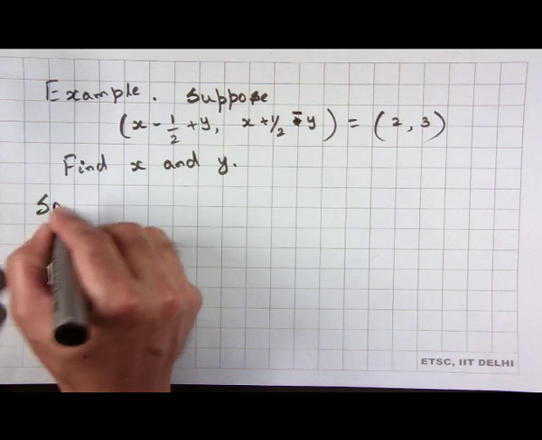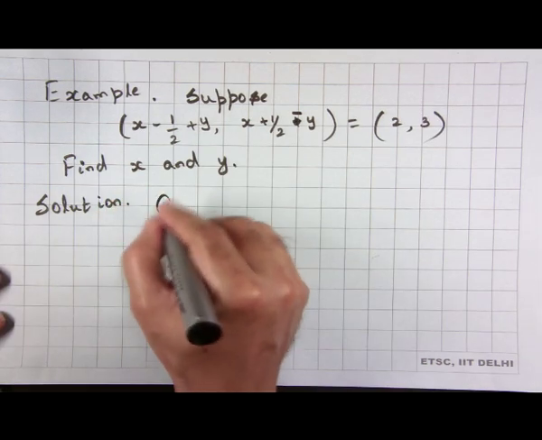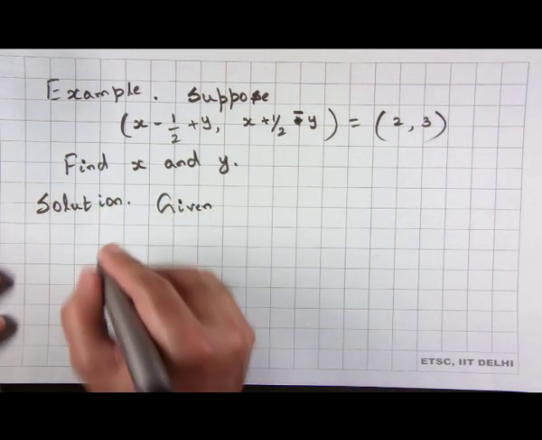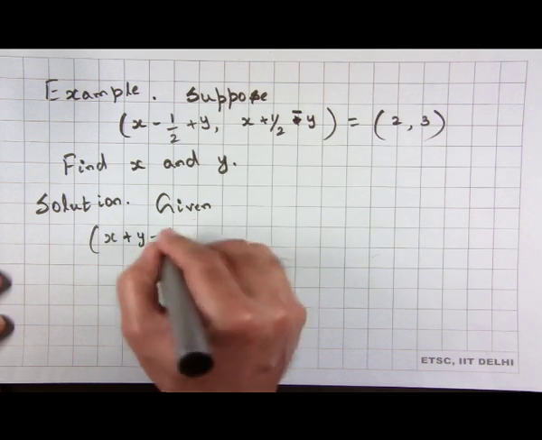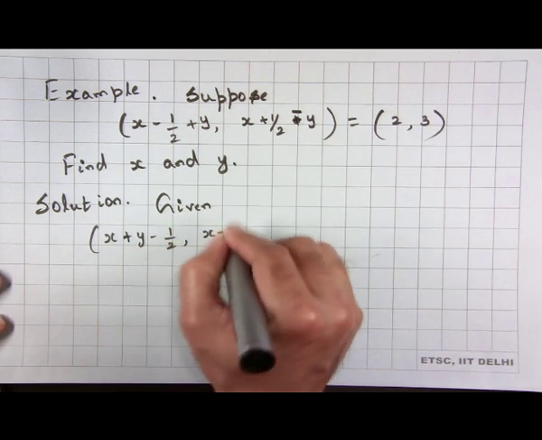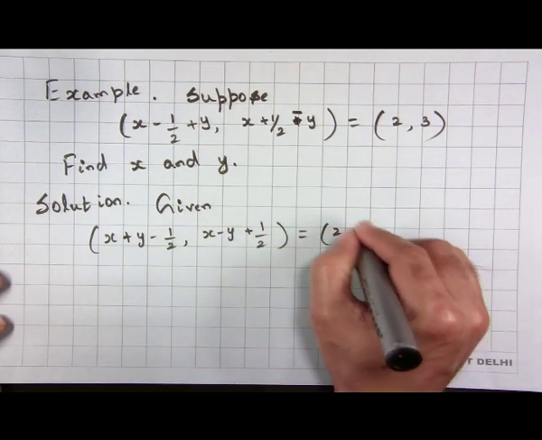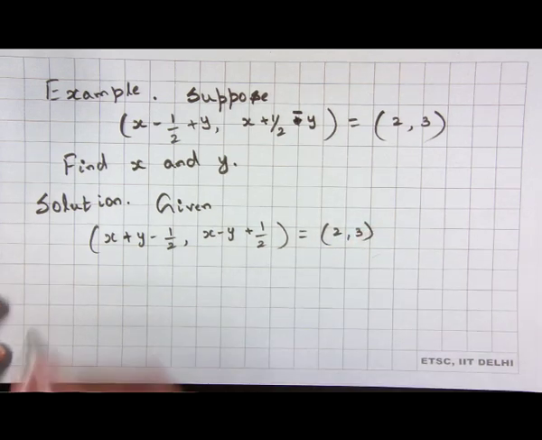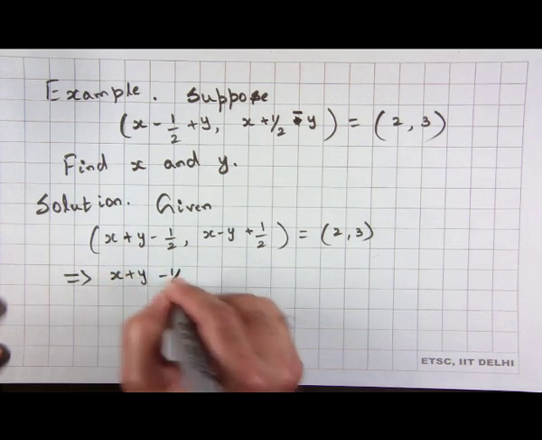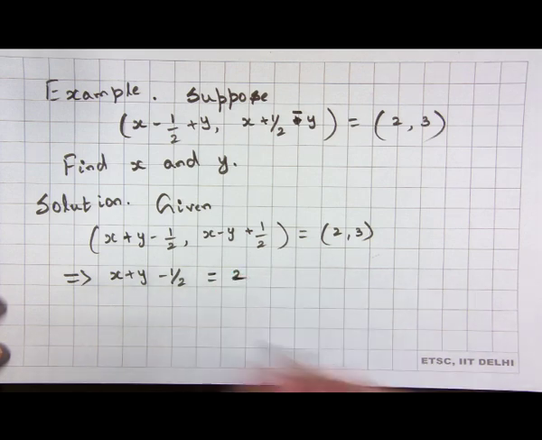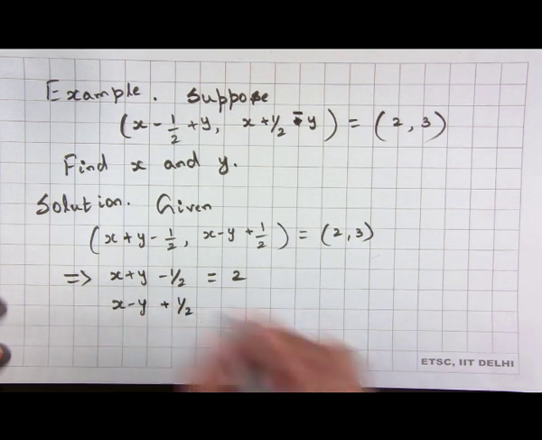So, how to solve this? What is given to us is that the ordered pair (x plus y minus half, x minus y plus half) is (2, 3). So, that implies that x plus y minus half is equal to 2 and x minus y plus half is equal to 3.